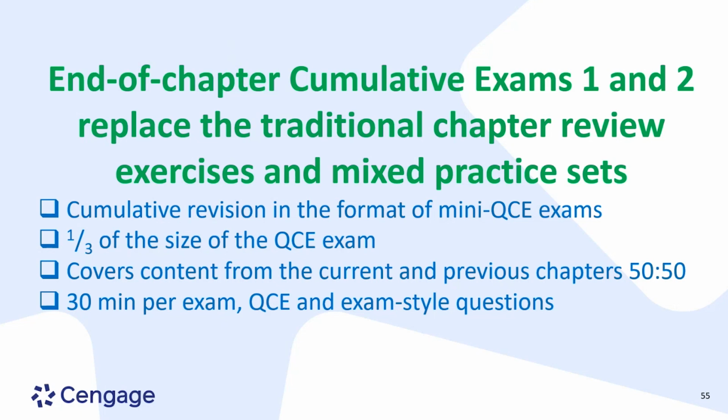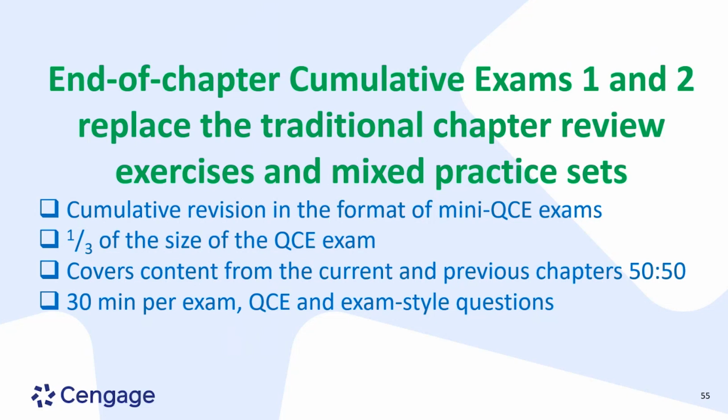So the cumulative exams, which Robert touched upon earlier, are basically one third the size of any of the particular papers that students would do in Maths General. So they're worth a third of the marks, a third of the time. And the way in which the problems have been constructed is that 50% of them are drawn from that particular chapter, and 50% are drawn from any chapters that have preceded it.